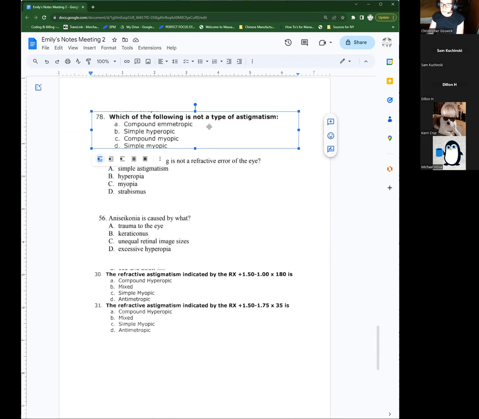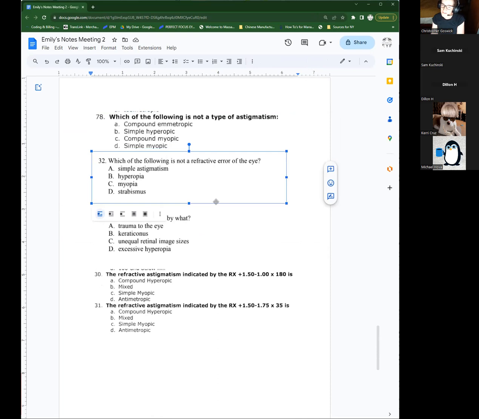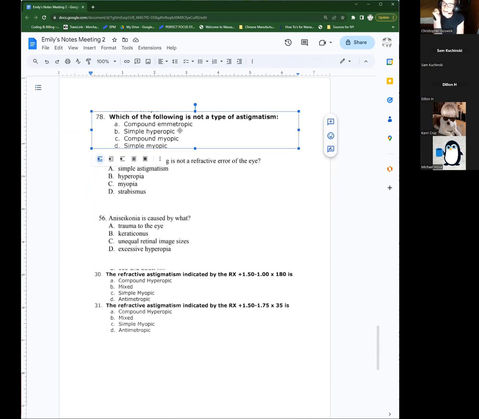Other ones. Which of the following is not a type of astigmatism? Compound, oops, sorry, I didn't mean to click that. Compound emetropic. That's not anything. Doesn't make any sense because emetropic means that everything's perfect, so I don't know what it would be compounding. Simple hyperopic, compound myopic, and simple myopic.